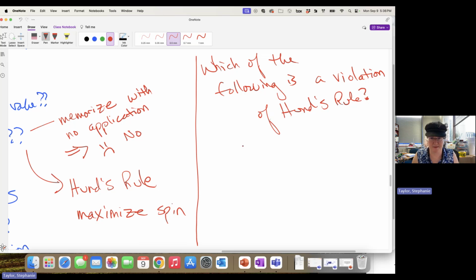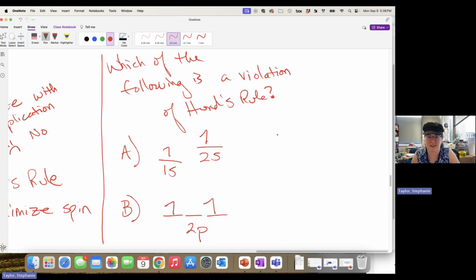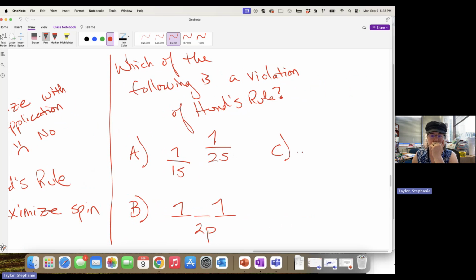And we're going to do a couple of them, so give me a minute. A, 1s, 2s. B, this is the 2p, and it looks like that. C, also the 2p, but it looks like that. E, and it looks like this. More ups. More ups.